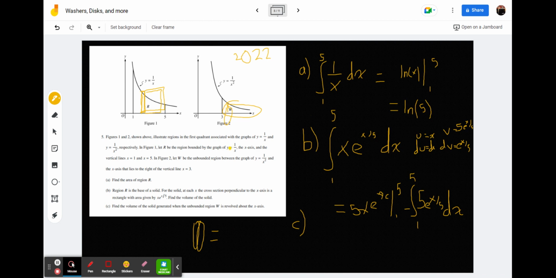In this case, r is going to be y, and h is going to be our thickness, which is dx. And y is given as 1 over x squared, so 1 over x squared, dx.